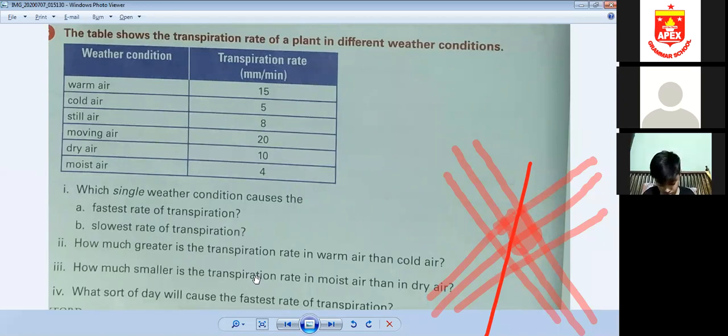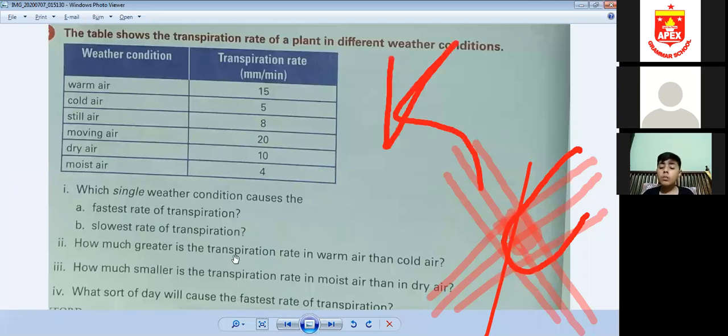Now there is the last question of your exercise. What sort of day will cause the fastest rate of transpiration? So now look at the table.